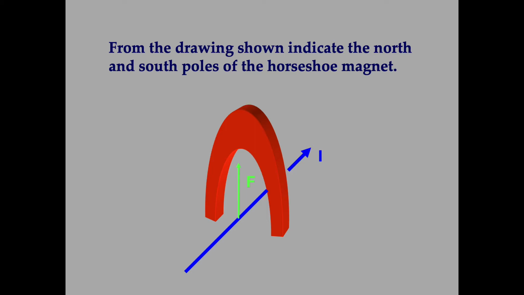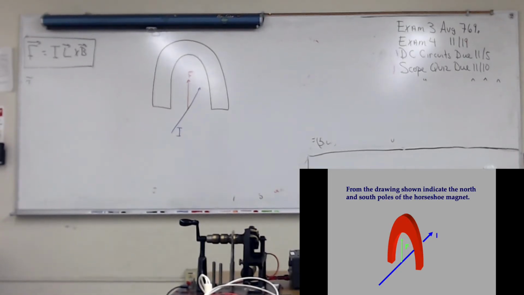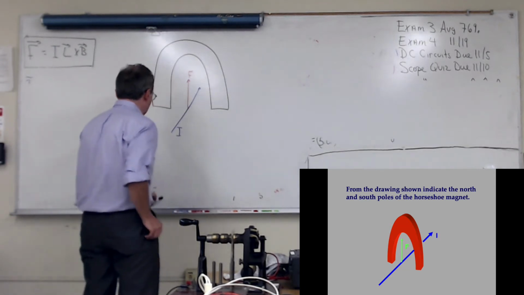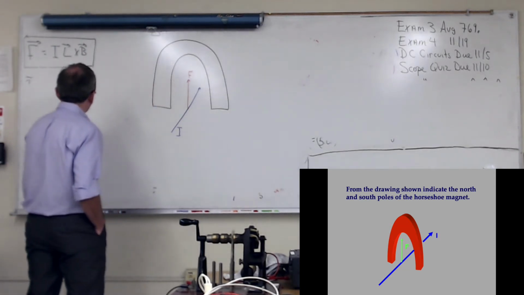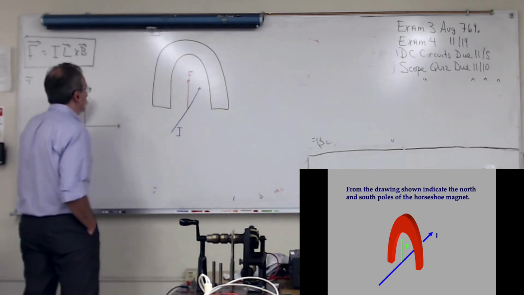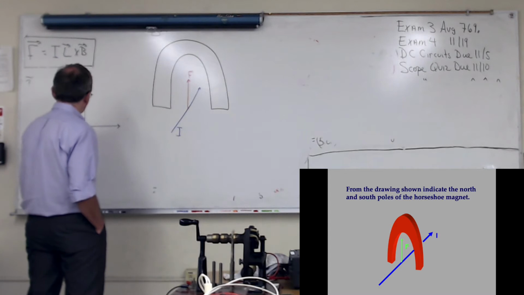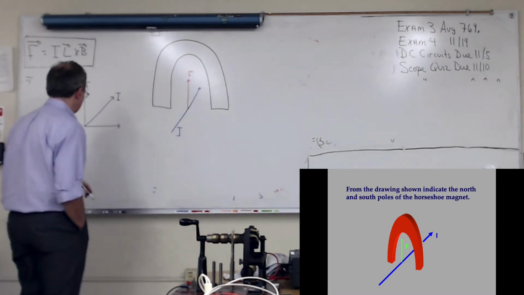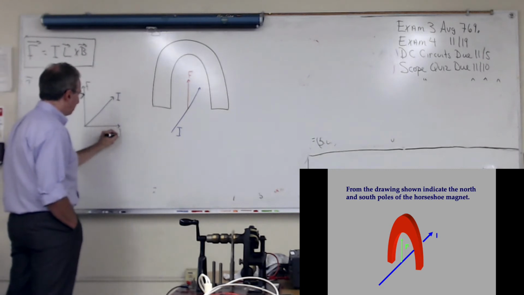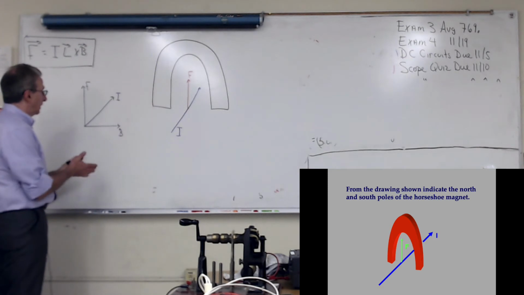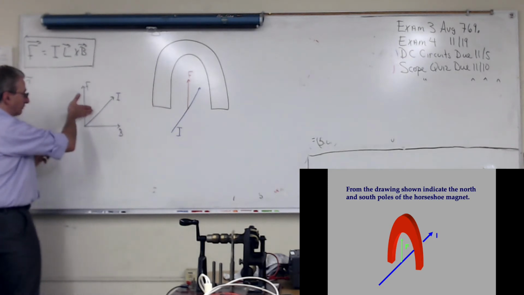Okay. So, again, we have to apply the right-hand rule. I'm going to draw my coordinate system. So we have F is up, I is into the board. If B pointed to the right, then I would curl my fingers in the direction of I into the board.